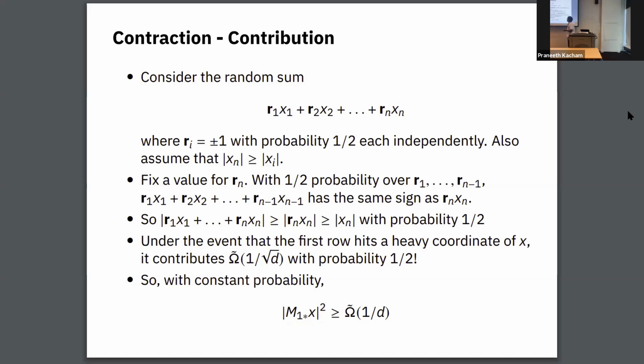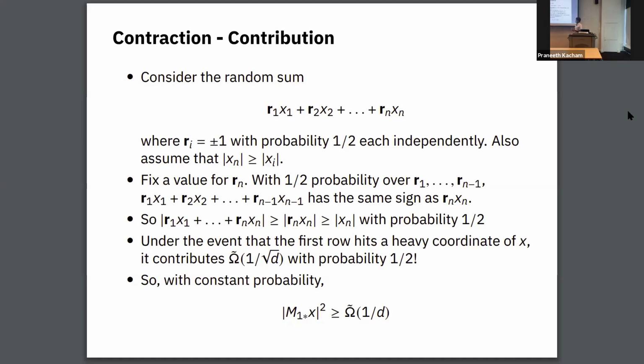So what it says is that if you are given n elements, multiply each with random signs and add them up, the absolute value you get is at least the absolute value of the maximum element with half probability. So basically, if the first row hits one of the large coordinates of x, M1 star x would be at least equal to the largest coordinate that it hits, with probability half.